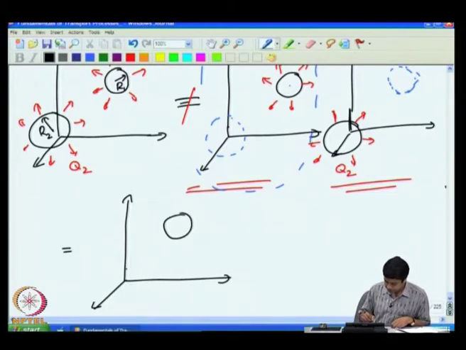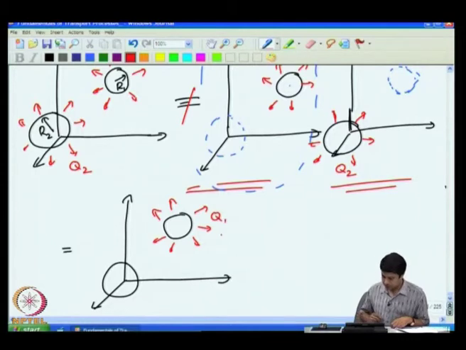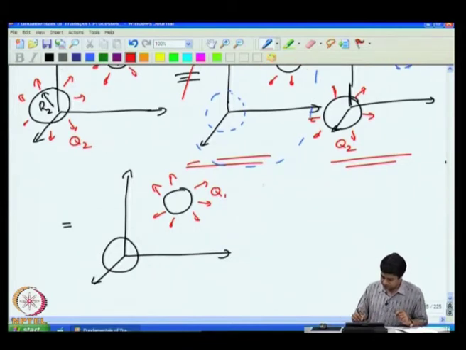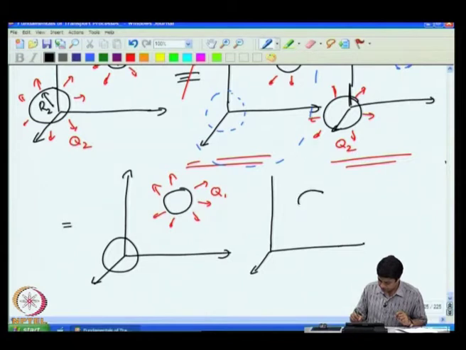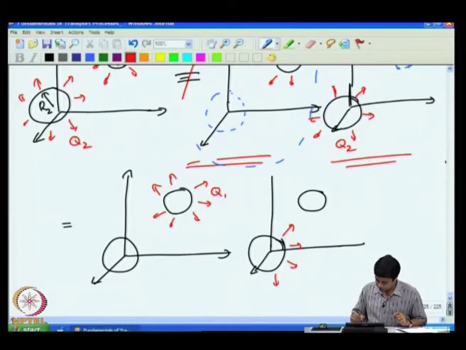One with both particles, but with q1 coming out of the first particle and nothing coming out of the second particle, and the second being a problem once again with both particles present, with nothing coming out of the first particle and q2 coming out of the second particle.